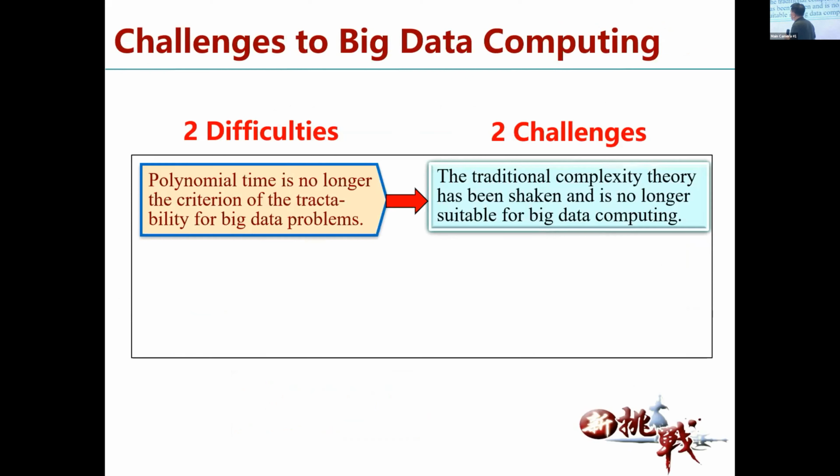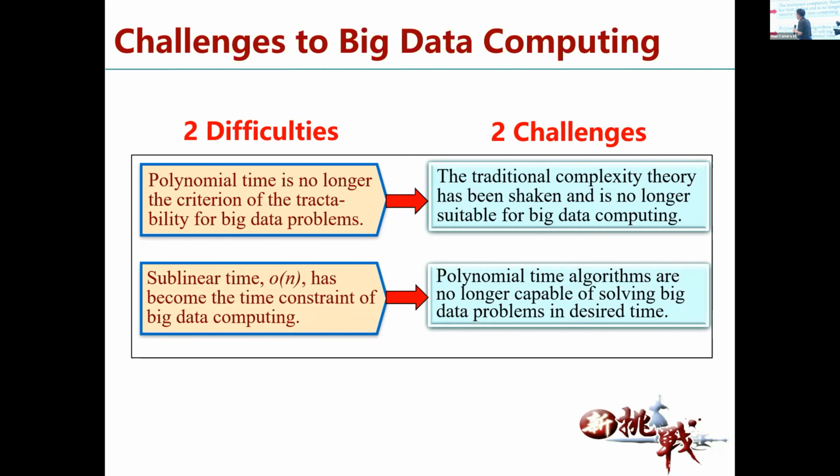From the first difficulty, we have this challenge: the traditional complexity theory has been shaken and is no longer suitable for big data computing. The second difficulty tells us polynomial time algorithms are no longer capable of solving big data problems in the desired time.